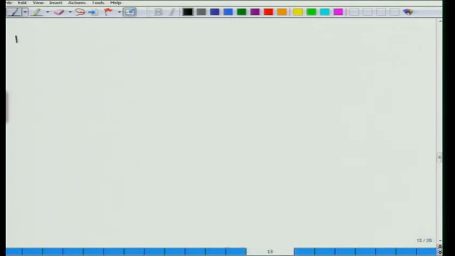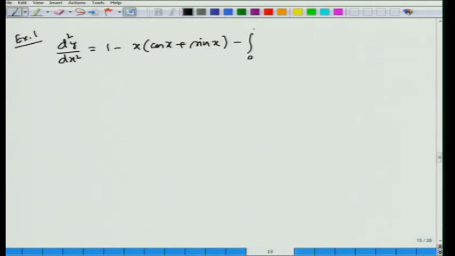We consider one example with which we can illustrate the idea, that is d²y/dx² = 1 − x cos x + sin x − ∫₀ˣ s y(s) ds with the initial conditions y(0) = −1, y'(0) = 1.